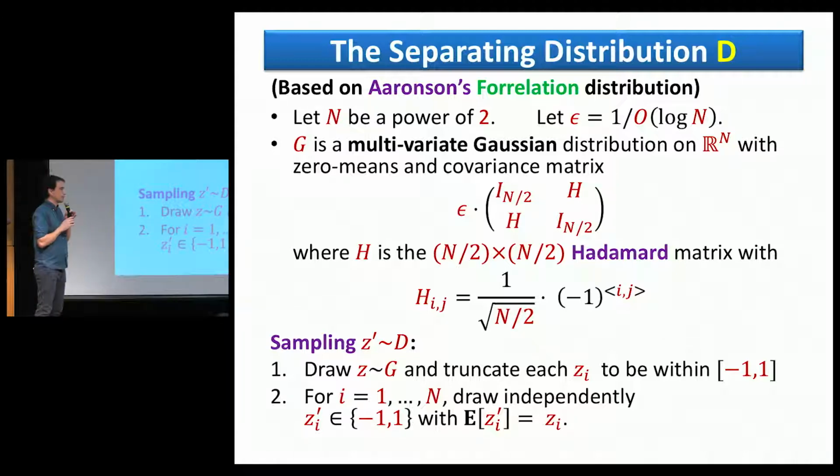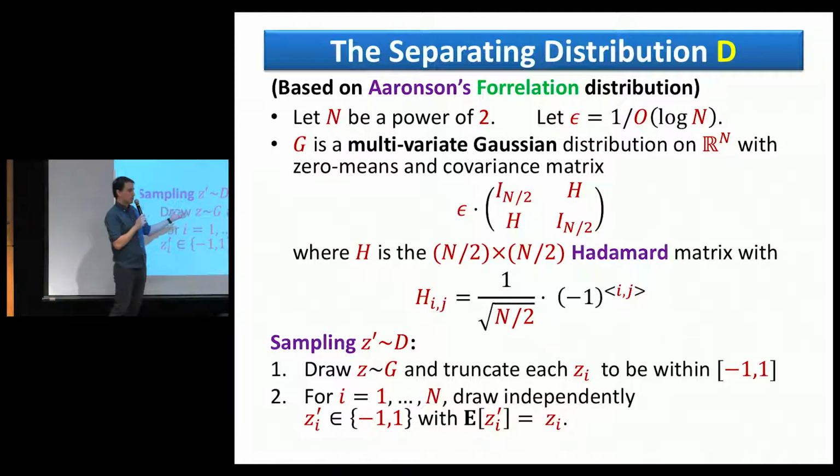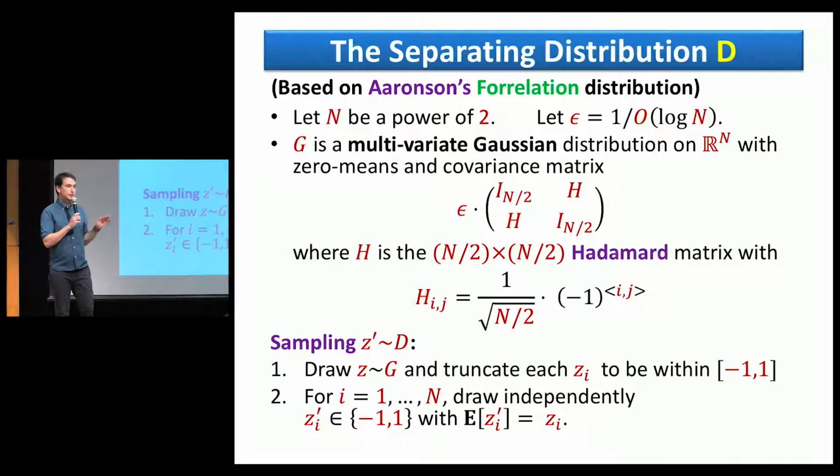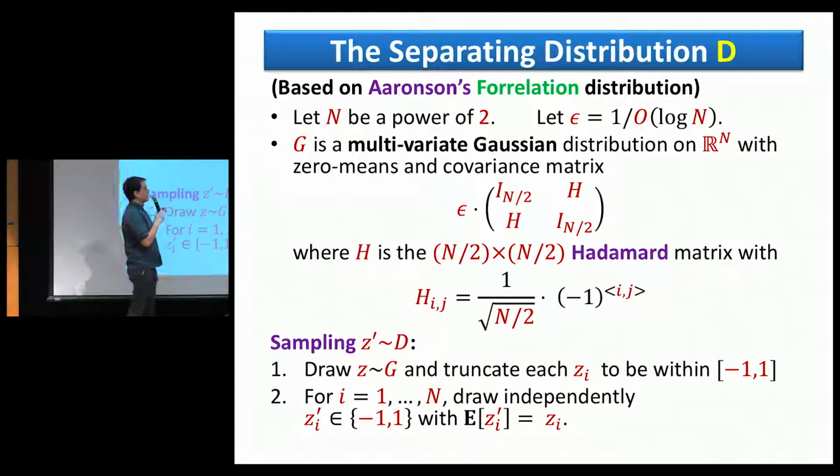So now you can ask yourself, what would this truncation operation do on this vector of z? And the answer is that with high probability, it will do nothing. And why is that? It's exactly because of the choice of epsilon. Remember that each coordinate individually had mean 0 and variance epsilon.